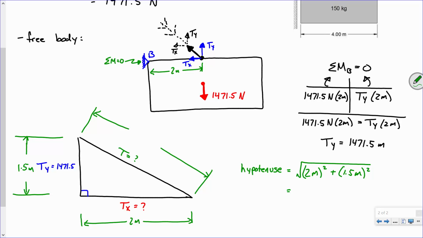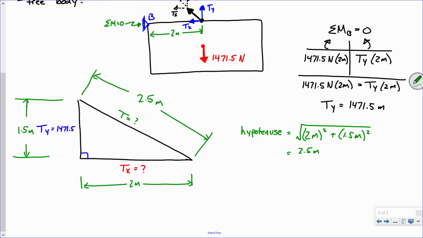Huh? 2.5 even? All right. Everything else is just a slope ratio. Watch this. Ty is to 1.5 as this tension is to 2.5. That's it.